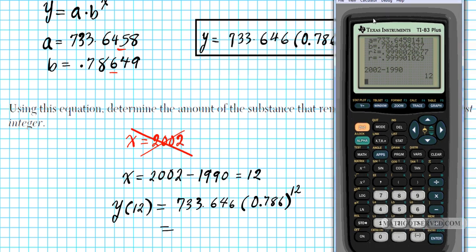All right, so let's go ahead and calculate that. We have 733.646 times 0.786 raised to the 12. We just use caret 12. Enter. We are asked to round it to the nearest integer. Our answer is 40.7903.